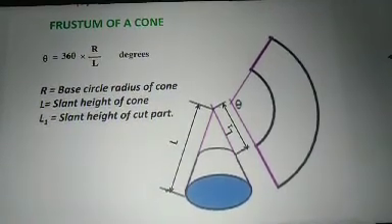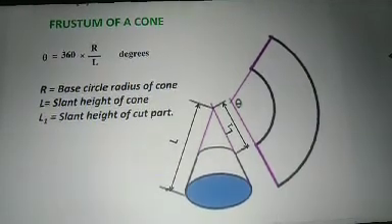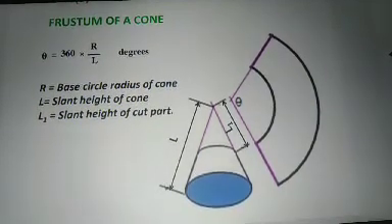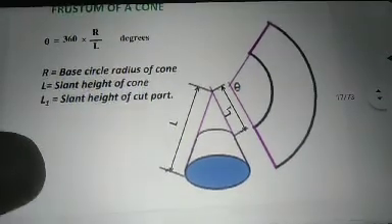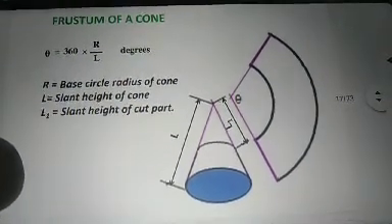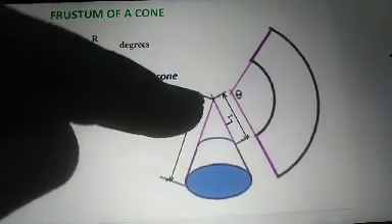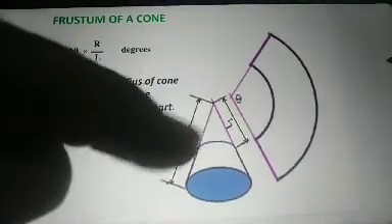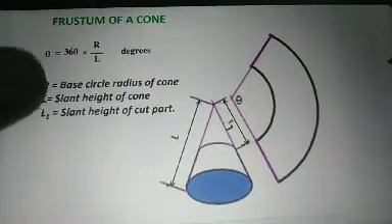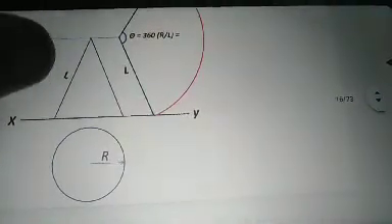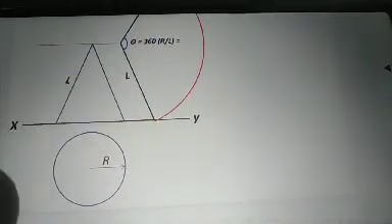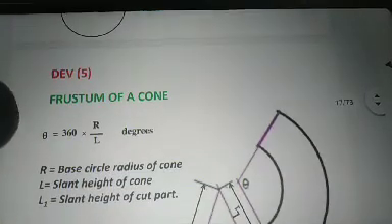Hence, the capital R in this problem is 25 mm. L is the slant height of the cone. The slant height is visible in this view, which is L, the measurement of that slant height.